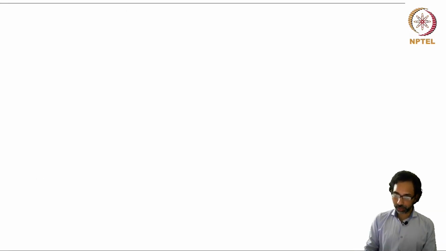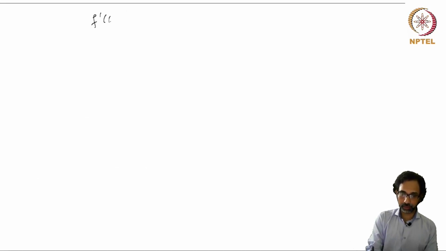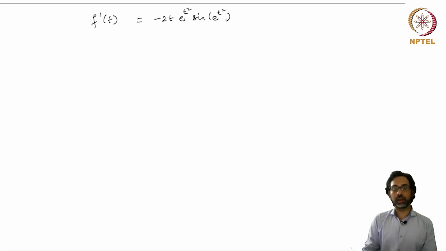But if we take f prime t, this is minus 2t e to the t squared times sine of e to the t squared. And now we have this exponential of t squared, times the sine term, but this is not of exponential order.